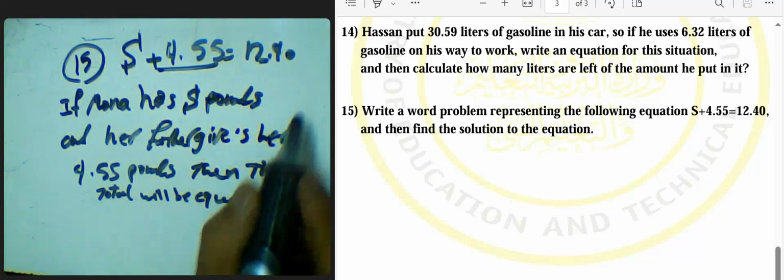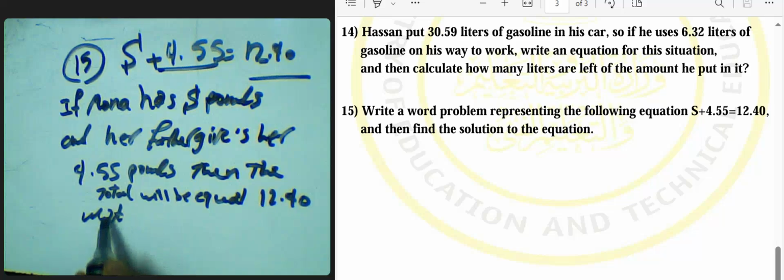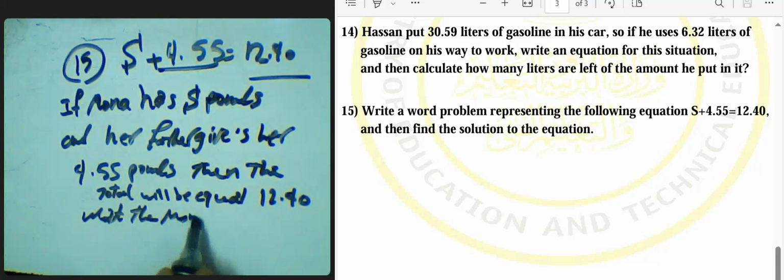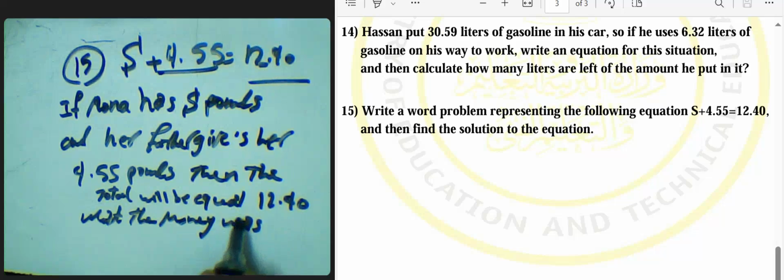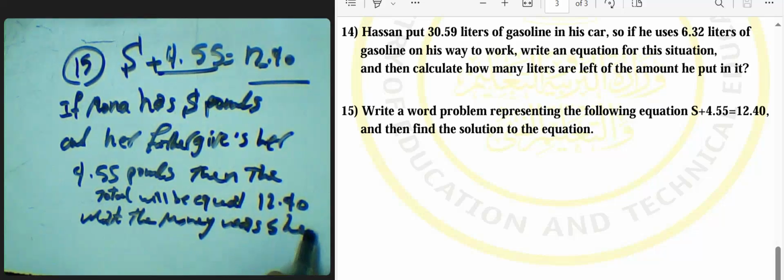The total equals 12.40. How much money did she have?